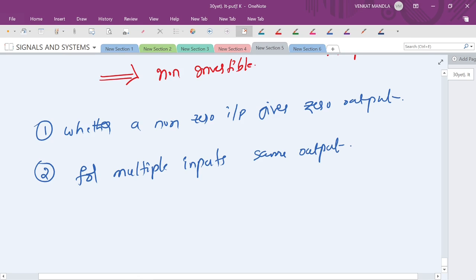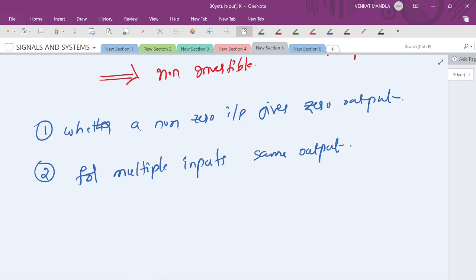Okay, so these two conditions we have to check. If these two conditions are true, or any one of them is true, then the system is non-invertible. Okay, otherwise invertible.